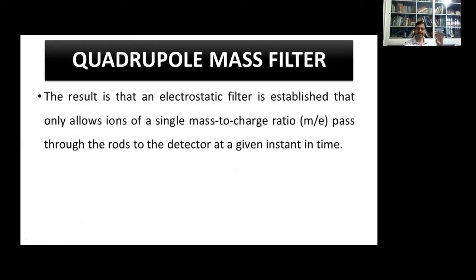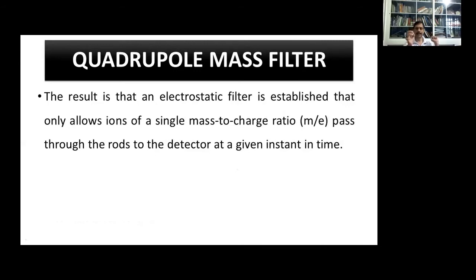The resulting effect is that it will act like an electrostatic filter. An electrostatic filter is established that only allows the ions of a single mass to charge ratio to pass through the rods to the detector at a given instant in time.